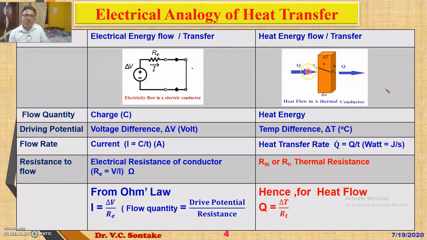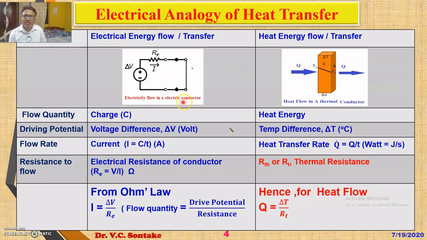This heat transfer rate corresponds to current flow. And since there is an electrical resistance of the electrical conductor, keeping in mind this electrical analogy, we must expect a resistance of the material of this thermal conductor offered to the path of the heat flow. And this is nothing but thermal resistance.